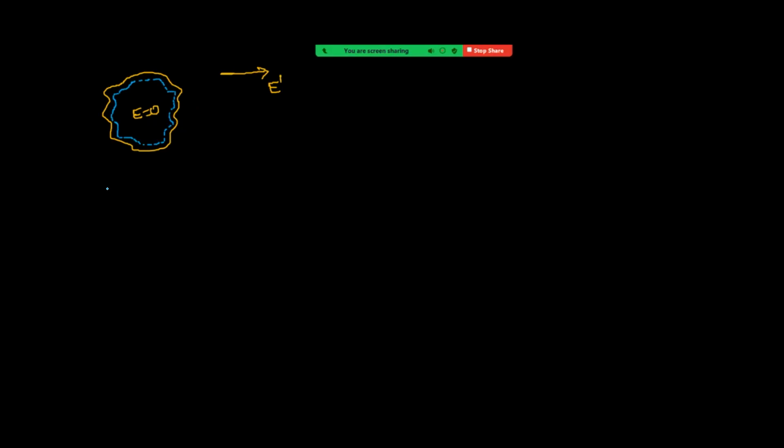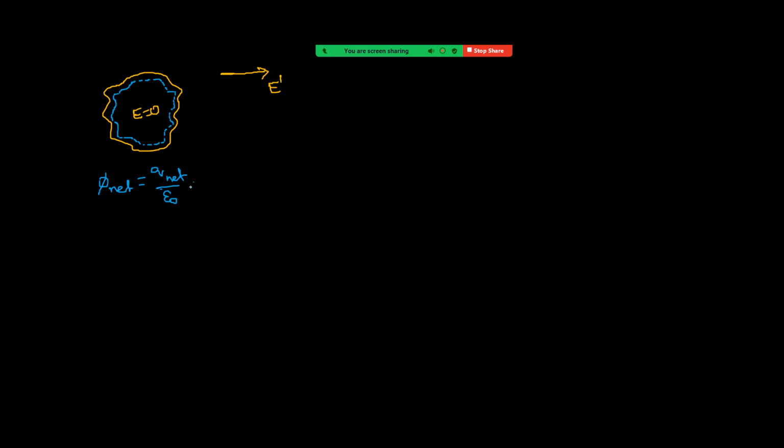From Gauss law, net flux equals net charge inside upon epsilon naught, right? And here electric field equals zero. Electric field zero means flux is zero. No electric field, no electric flux.